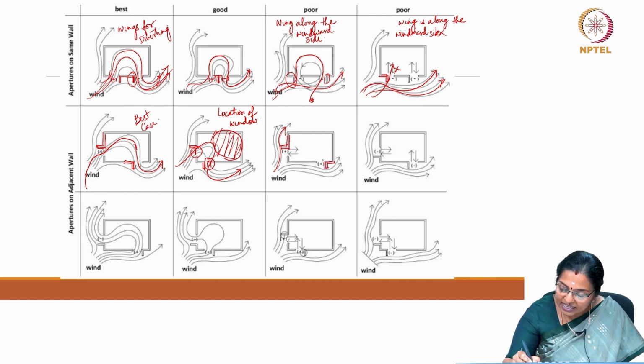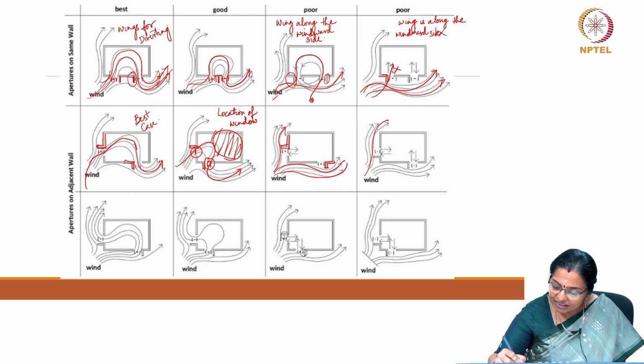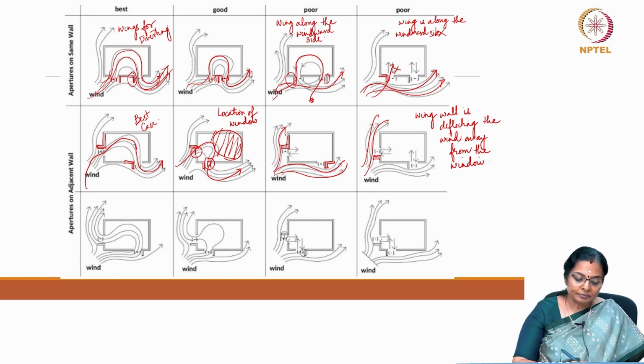The wing wall is actually not encouraging the wind to get inside, and it is the same condition even here, where the wing wall is deflecting the wind away from the aperture, or away from the window or fenestration or aperture, or however you may call it.